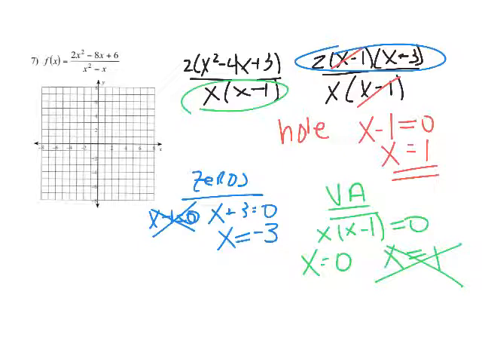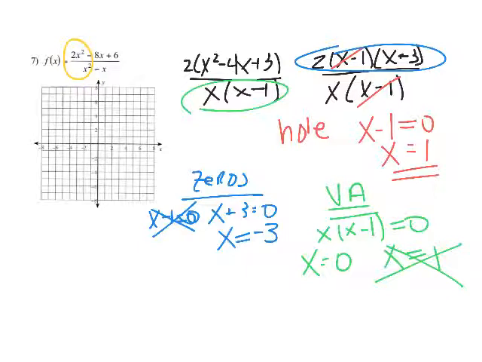Let's see, what else do we need? Vertical asymptotes, zeros, whether there were any holes, and horizontal asymptotes. For horizontal asymptotes, your degree is x squared over x squared.